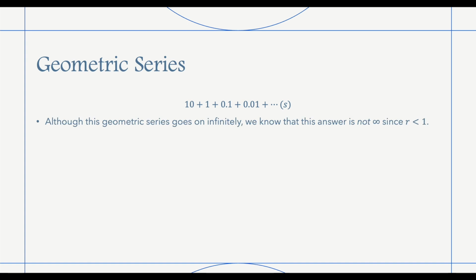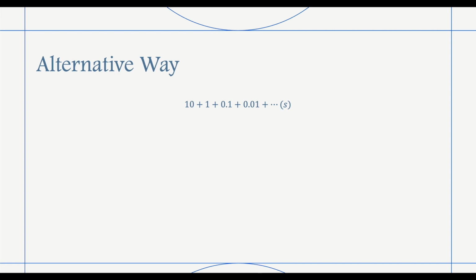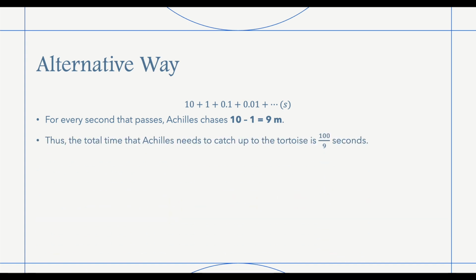But we can think of this in a different way: for every second that passes, he gains 10 minus 1, which is 9 meters. And the total time he needs to catch up is 100 divided by 9, so that is 100 over 9 seconds.